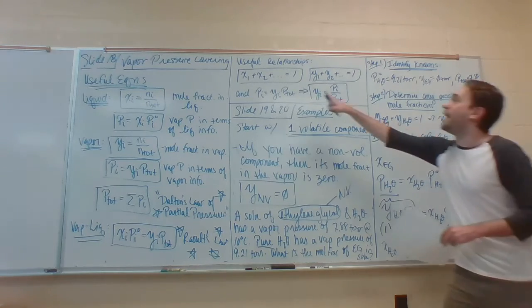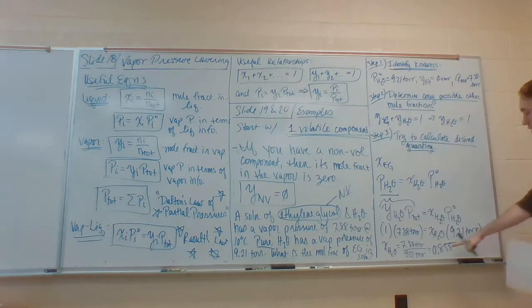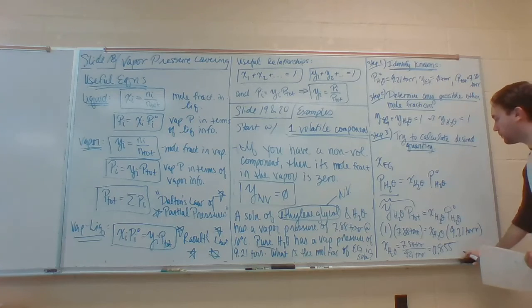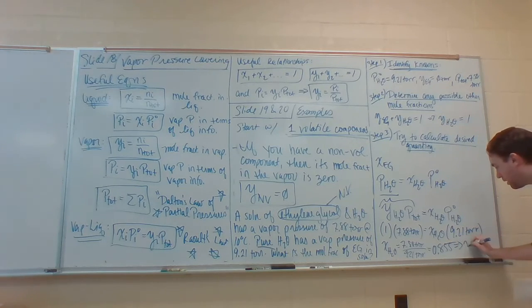Now we can use this relationship because we've got a binary mixture. So I just take 1 minus my 0.855, and that will give me my mole fraction of the ethylene glycol in solution, which is equal to 0.145.